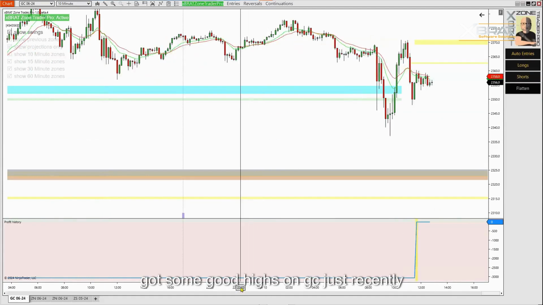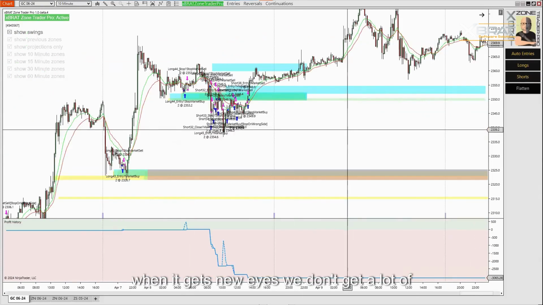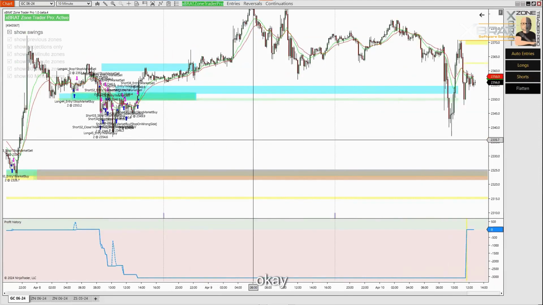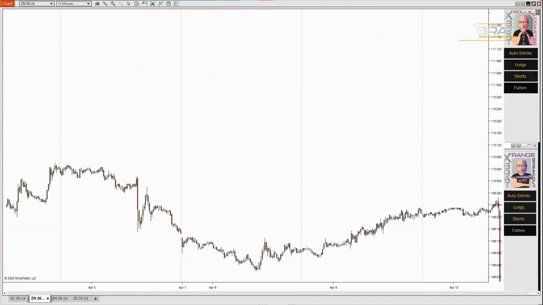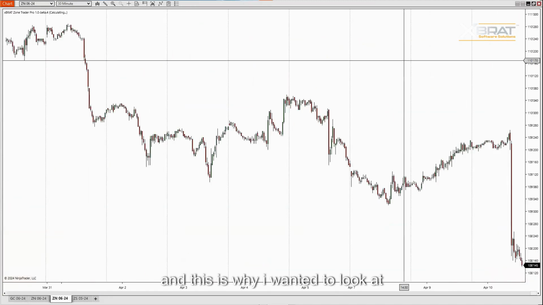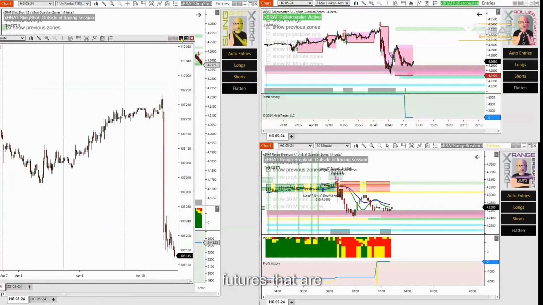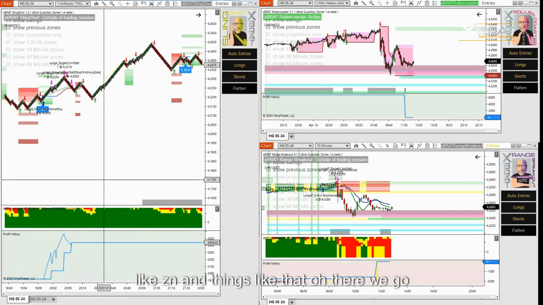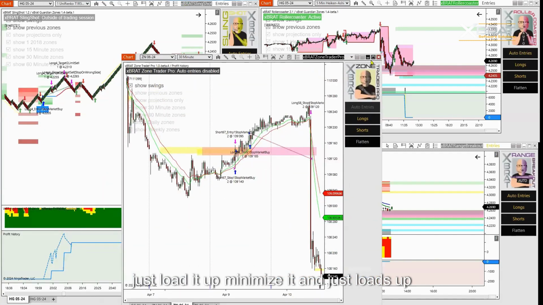Got some good highs on GC just recently. When it gets new highs, we don't get a lot of opportunity to trade with the Zone Trader Pro, okay? And this is why I wanted to look at short-term swings on futures that are swingable, like ZN and things like that. Oh, there we go. It's just loaded up.